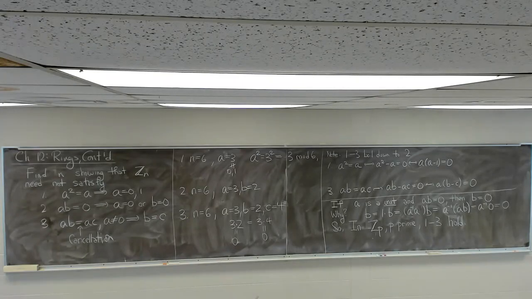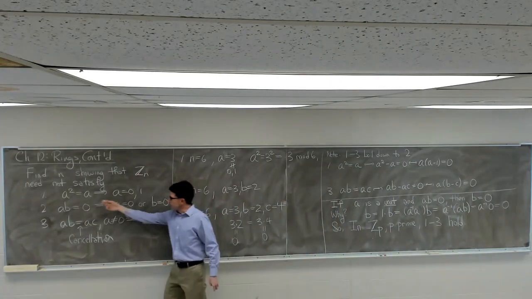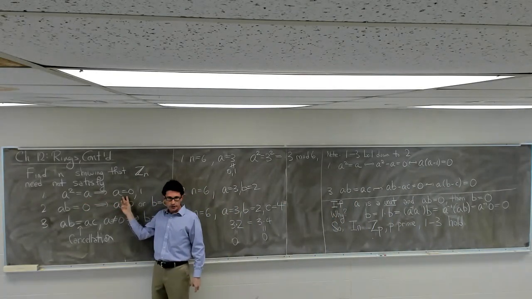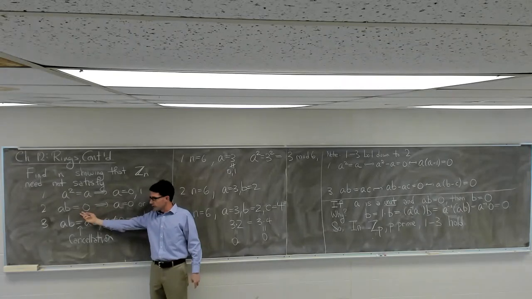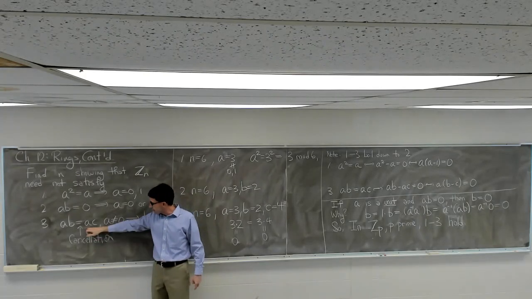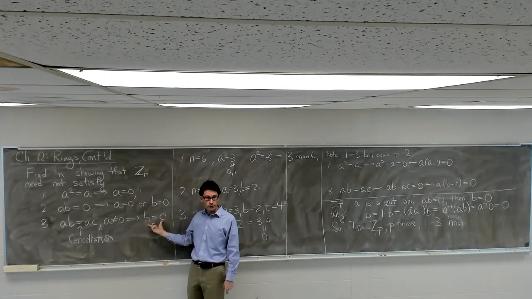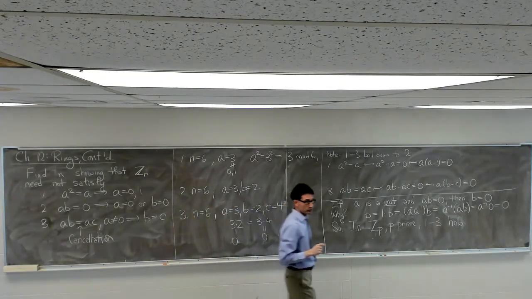Okay, so the integers mod 3, 5, 7, 11, and so on. The only solutions of this equation would be 0 and 1. This product being 0 would imply that either A or B is equal to 0, at least one of them. I can cancel. AB equal to AC would imply there that B is equal to C. Okay, so in the integers mod p, arithmetic works in the usual way.